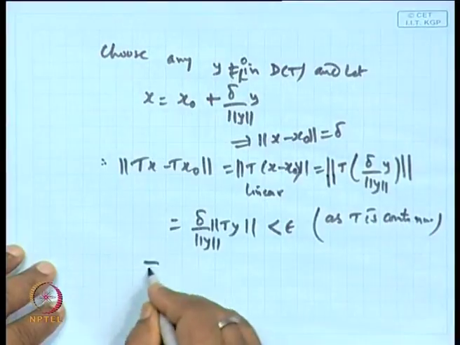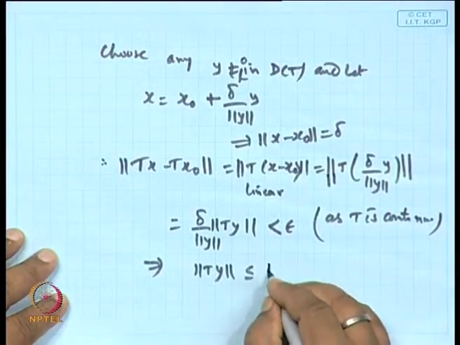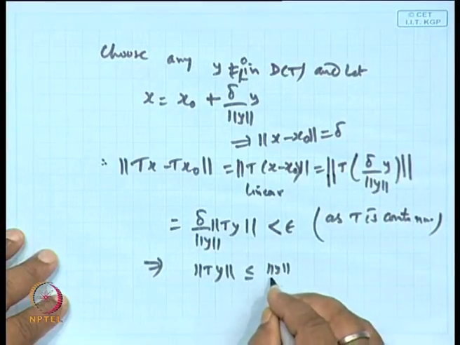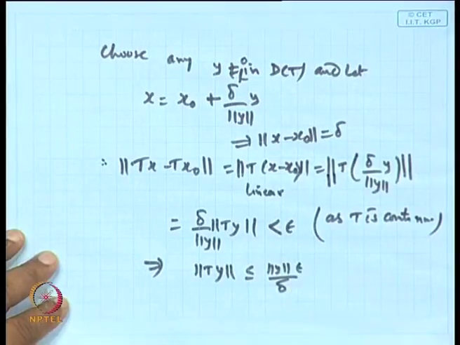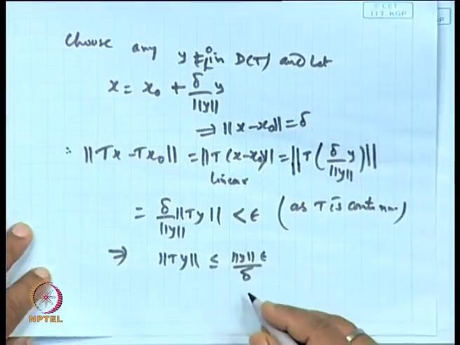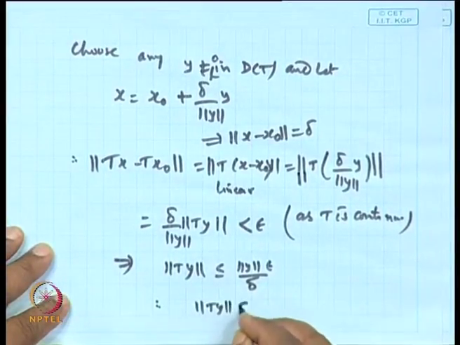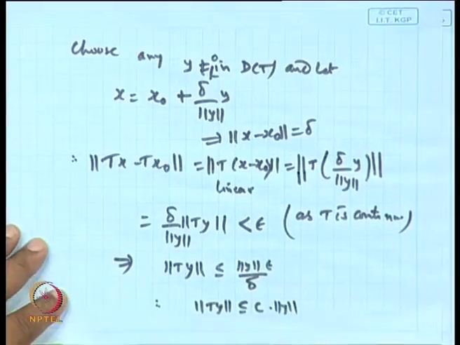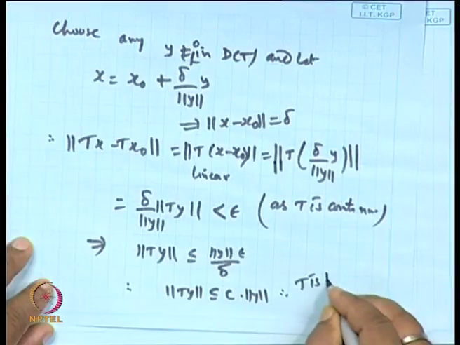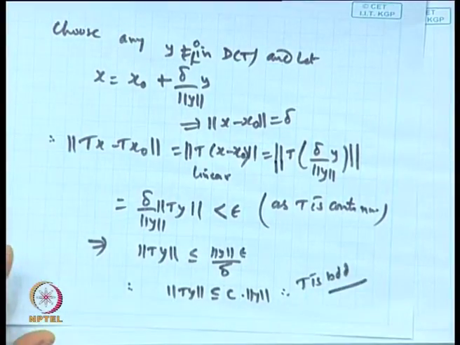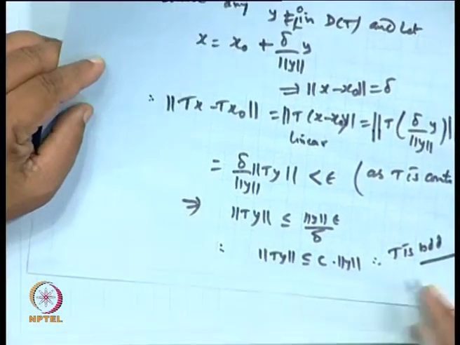So, from here we get norm of T y is less than or equal to norm of y over delta into epsilon, that is norm of T y is less than or equal to a constant times norm y, because this is nothing but simply a constant. Therefore, T is bounded. Okay. So, this shows that T is bounded. So, this proves the result.